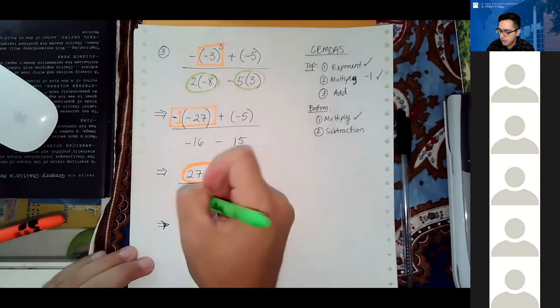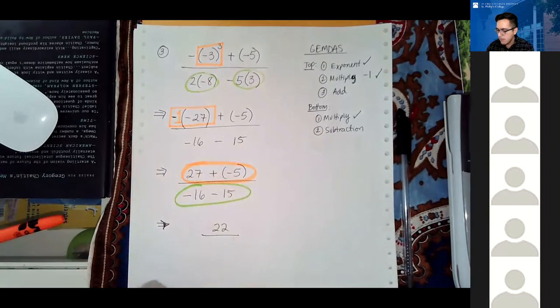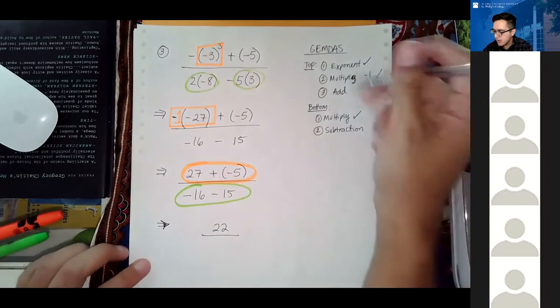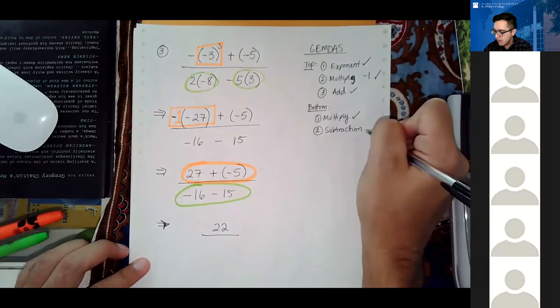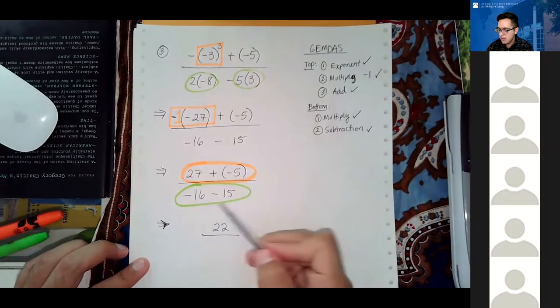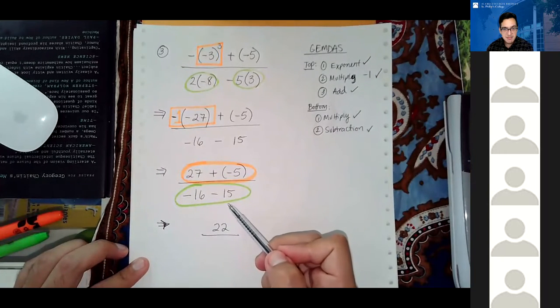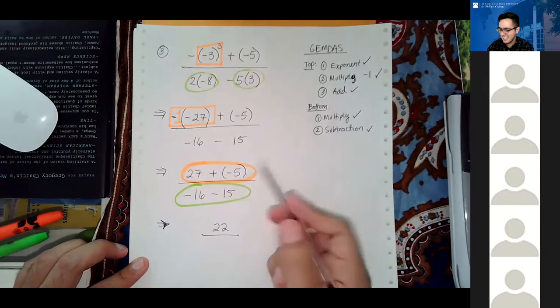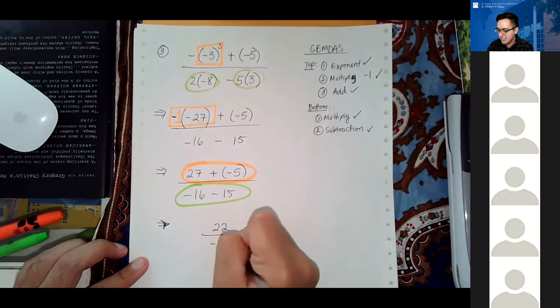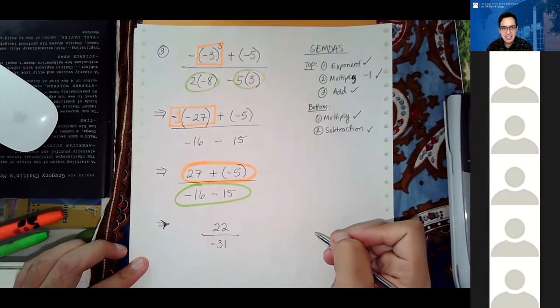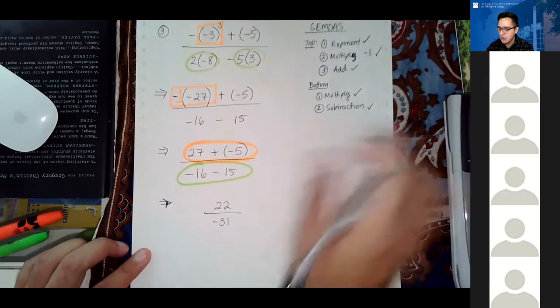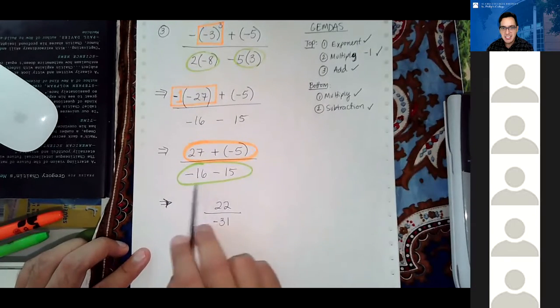Let's go ahead and work the bottom part. -31. Yeah. -31. Is everybody okay with that?